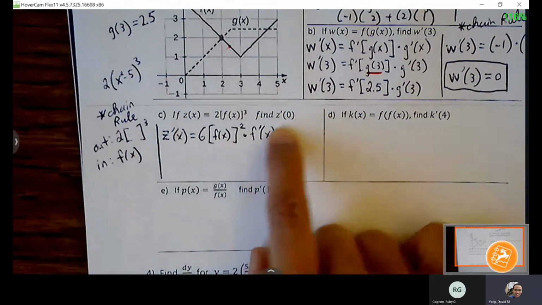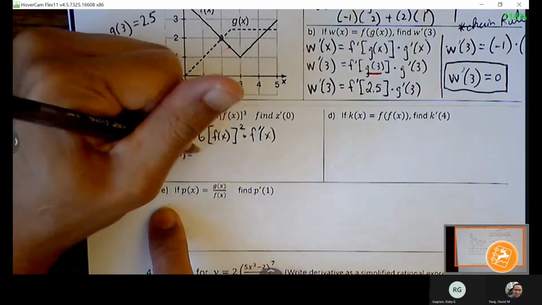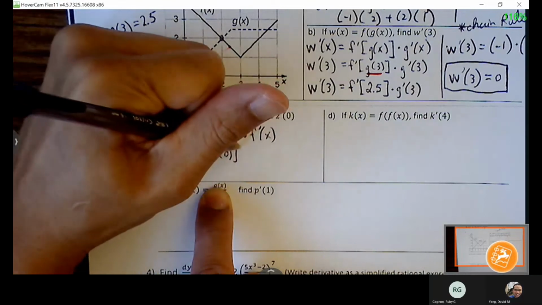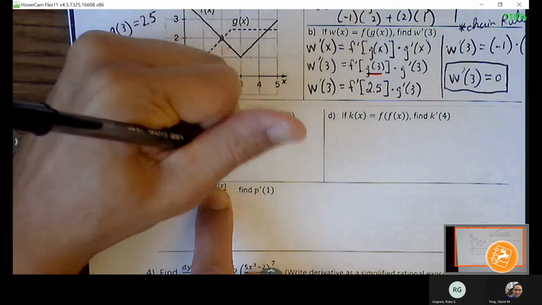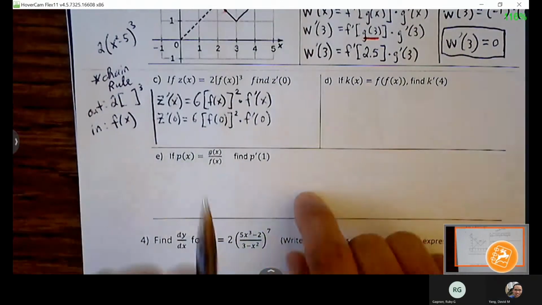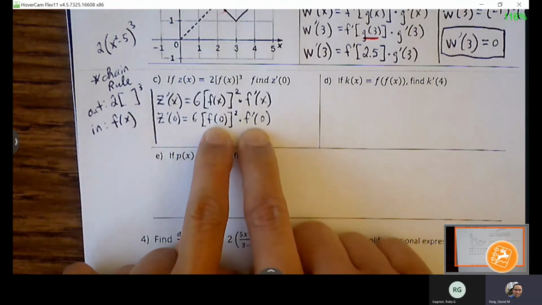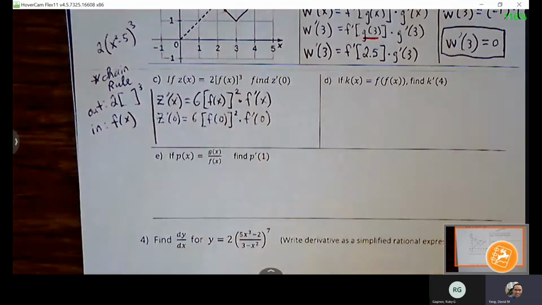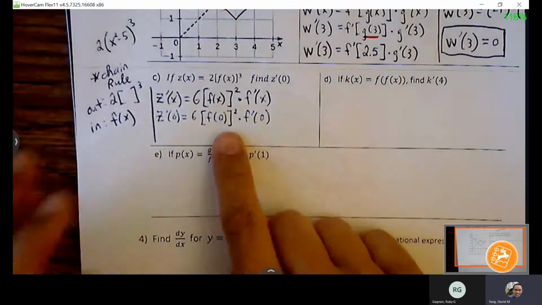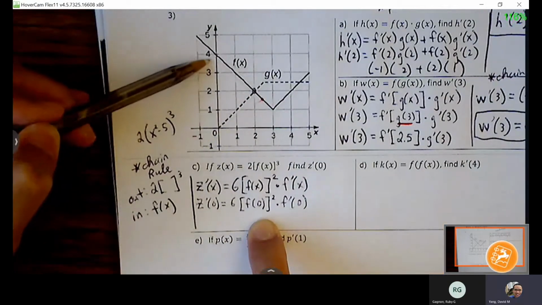Okay. Replace every x with 0. Let's find f of 0. Let's find f prime of 0. We can insert them in, and then we can get it down to a numeric value. Okay, so f of 0: we go to our f graph.